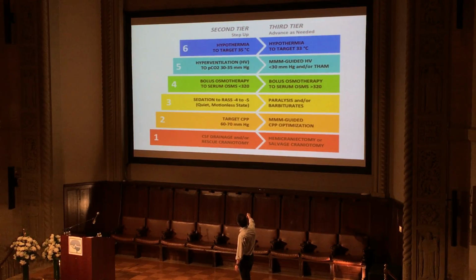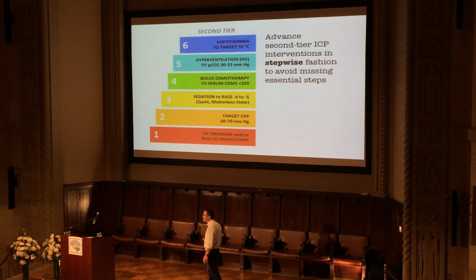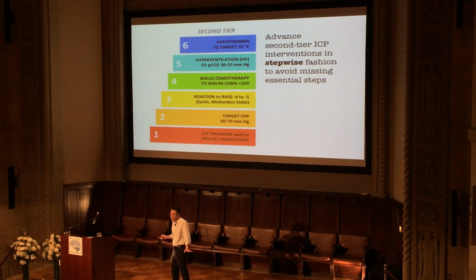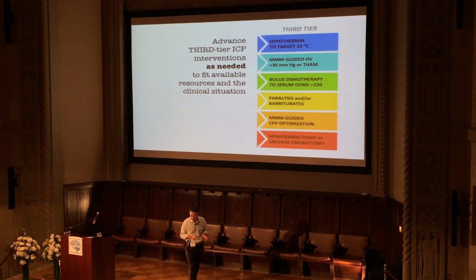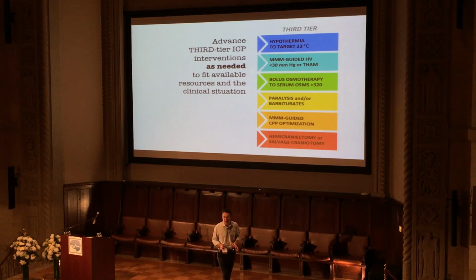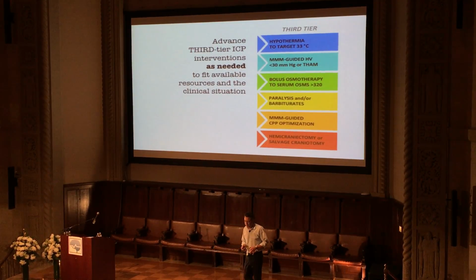And then the idea is there's a lot of variability, so once you step up to certain things and they're not working, then you've got other options and you can advance as needed, right? There's no real set way to do that, and you can individualize your interventions based on what you do in your unit, what you've got experience with.